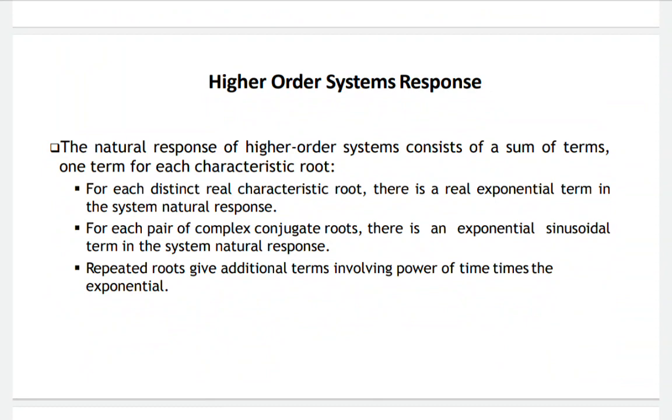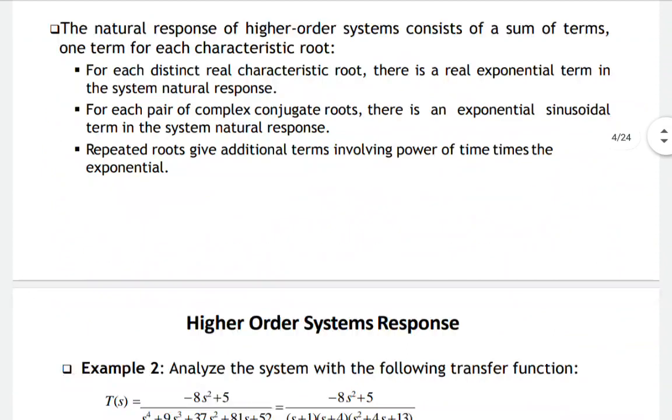Yes, that is another important thing. Again I am repeating, for each pair of complex conjugate roots, which arises in the case of the underdamped situation, there is an exponential sinusoidal term in the system natural response. Number three, repeated roots give additional terms involving powers of time times the exponential.